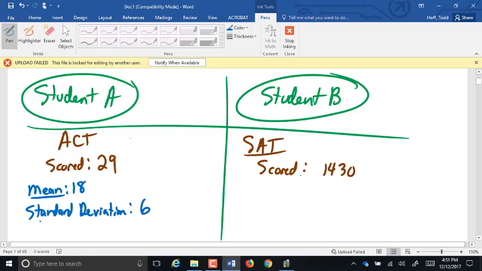Let's say on the SAT, the mean score is 950 with a standard deviation of, well, let's go 200.